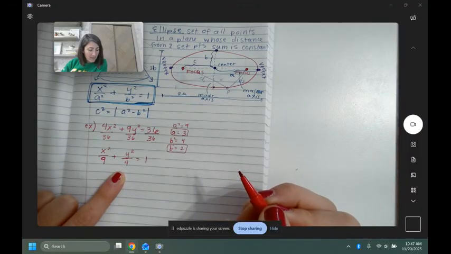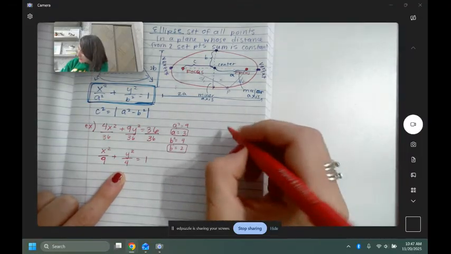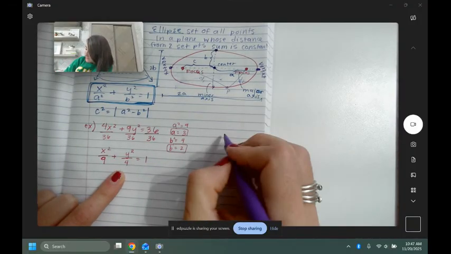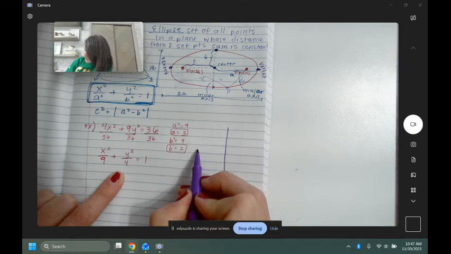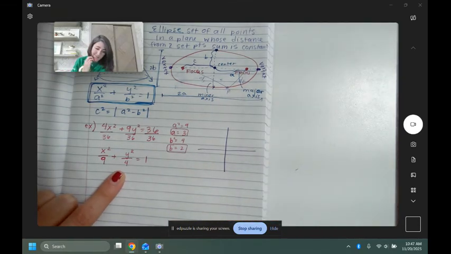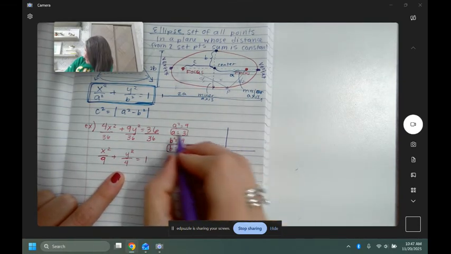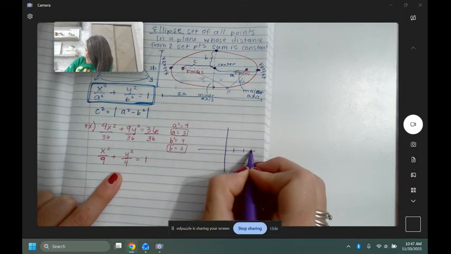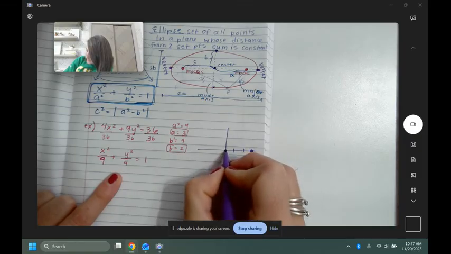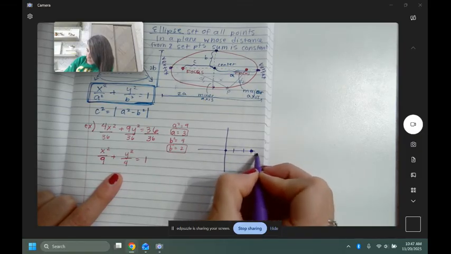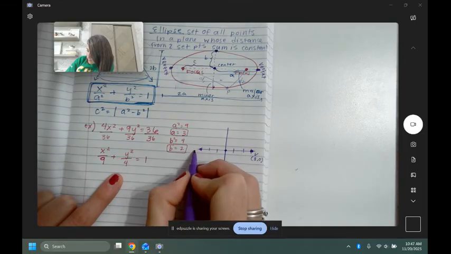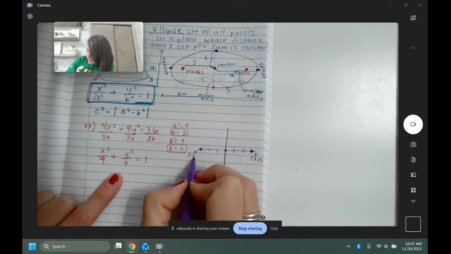Let's go ahead and graph it as it is now, just to start visualizing. So here's my XY graph. A is going to be my X dimension, 1, 2, 3. If A is 3, here's my center. One of the vertices is going to be out here at 3, 0, and then 1, 2, 3 is my other vertex, negative 3, 0.